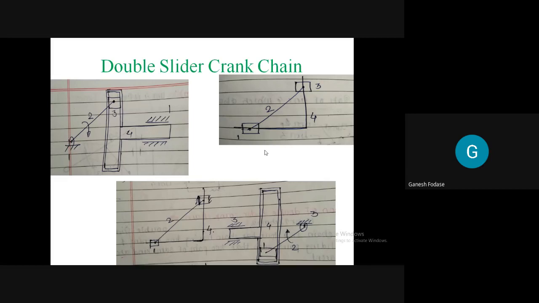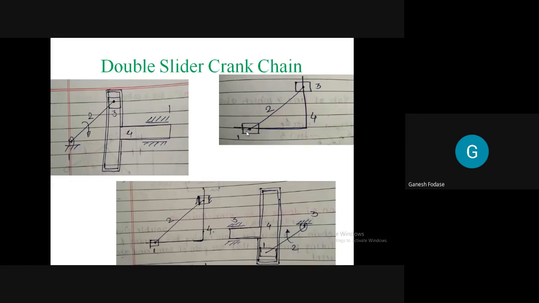There are 2 turning pairs and 2 sliding pairs. Tell me the 2 turning pairs.